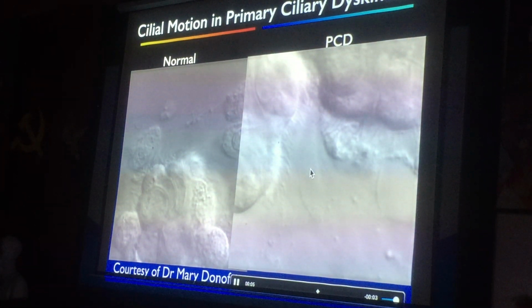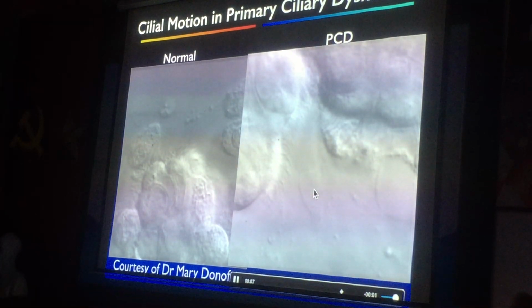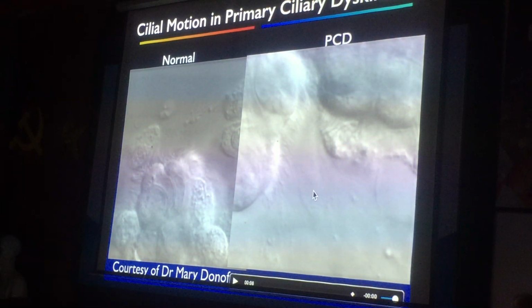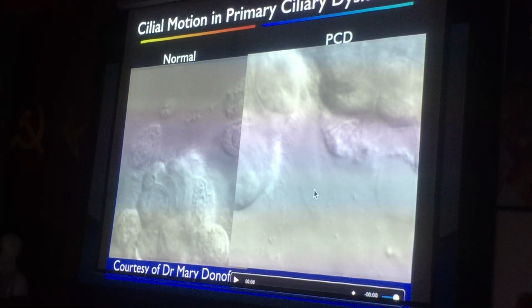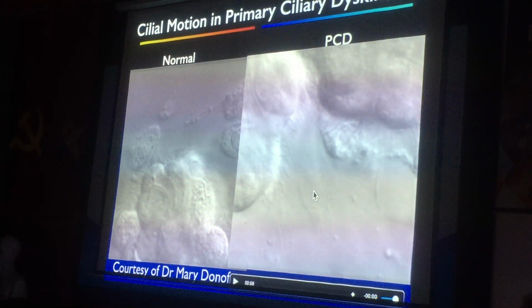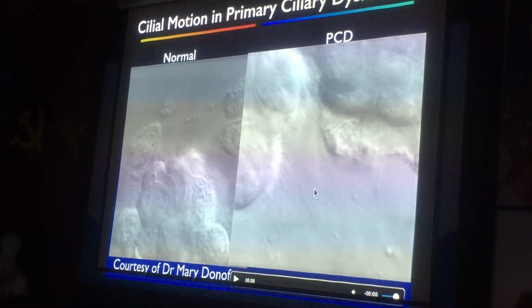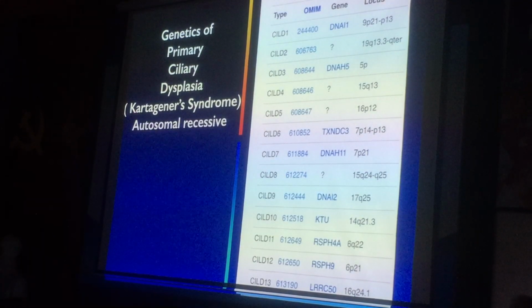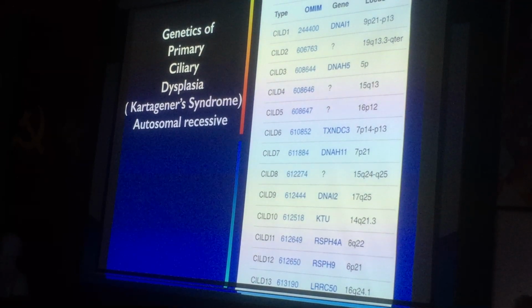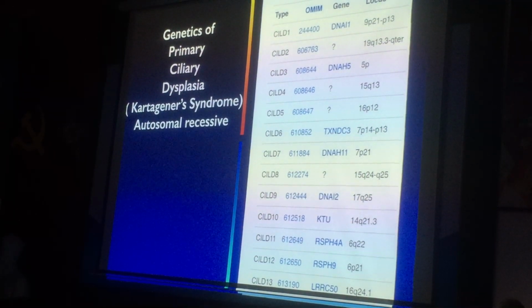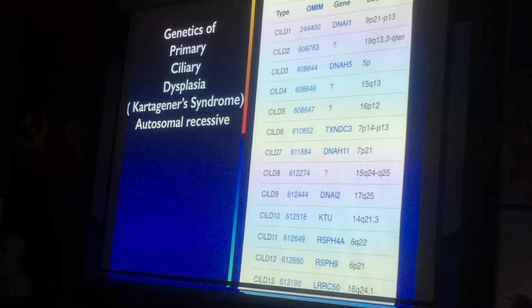That's what happens. Now we know that cilia are important in moving cells in the embryo. So if you don't have cilia moving, the cells get confused. And when cells get confused, they develop differently, and that really is the fundamental of this condition. Now, this is just a reminder of the genes associated with Kartagener syndrome.